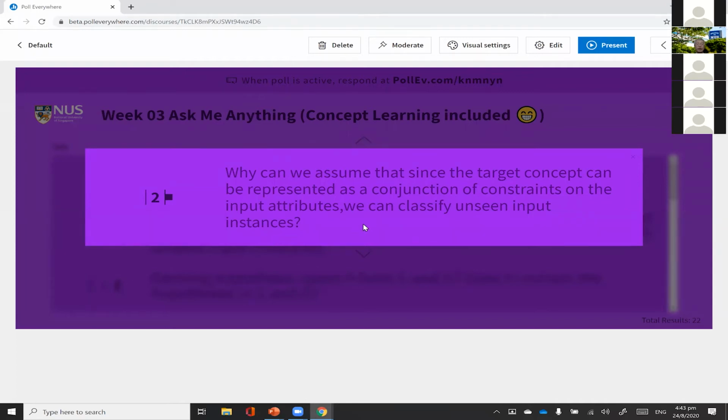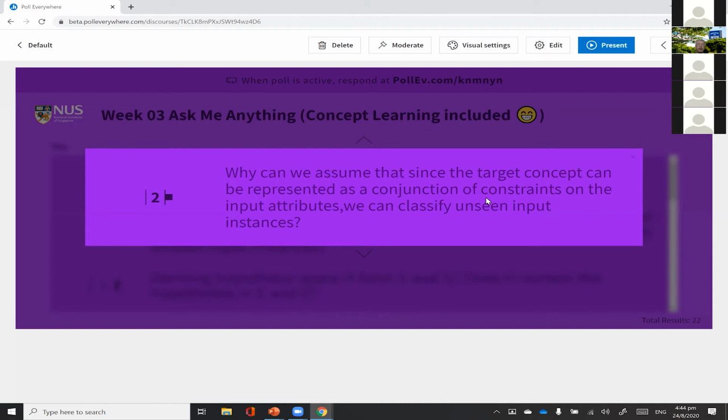We can only assume this when the target concept is actually represented by a conjunction of constraints and we are using a conjunctive learner. These two things have to be aligned together, right? If our target concept falls out of the box of what our learner can represent, then we're out of luck. We can get our best approximation to it, but it won't be the target concept itself.